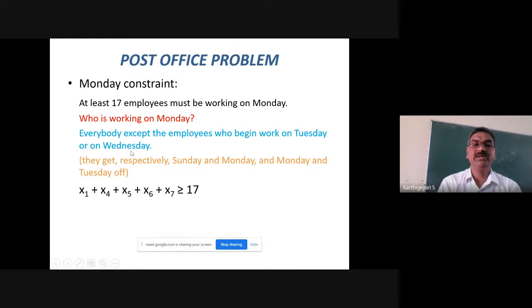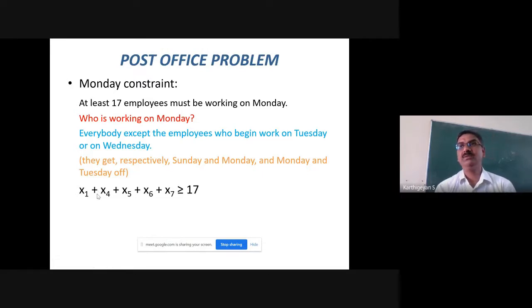Similarly, those who start on Wednesday till Sunday take off Monday and Tuesday. So the employees joining on Tuesday and Wednesday won't work on Monday. Therefore, you have to exclude them.